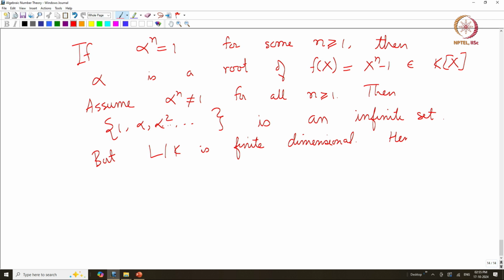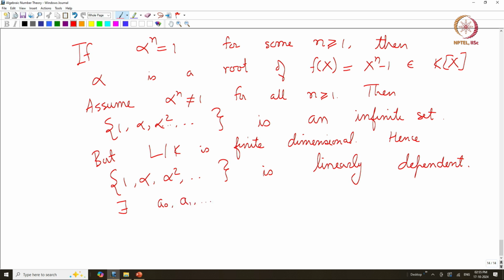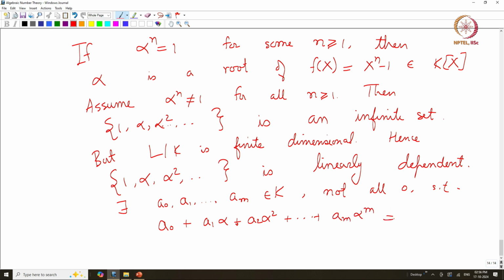Right. Hence, this infinite set is linearly dependent over K, which means that there exist a_0, a_1 up to a_m in K, not all 0, such that a_0 plus a_1 alpha plus a_2 alpha squared up to a_m alpha to the m is 0.